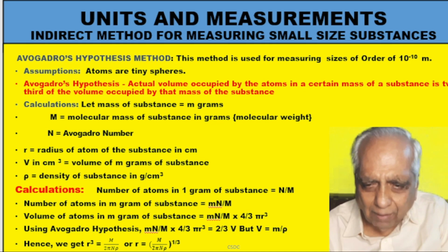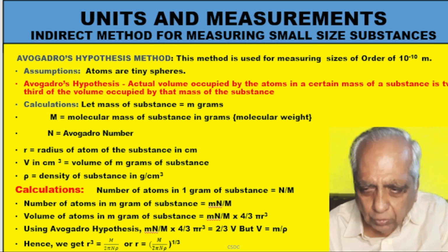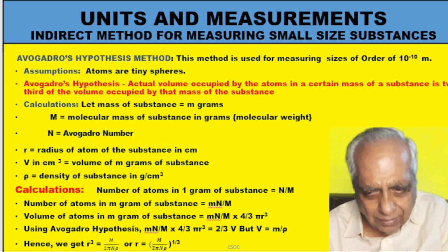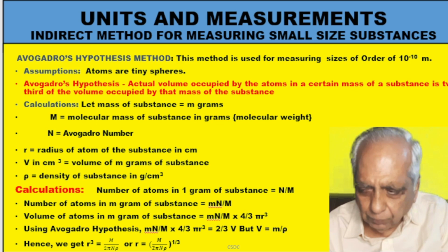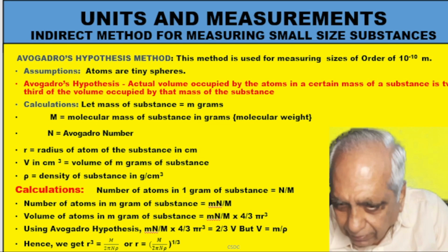So that gap is the remaining 1/3. So the hypothesis says that 2/3 is the volume occupied by the atoms of that substance. Using this hypothesis we will first calculate theoretically, and then we will also do one experiment to find the size of the molecule. So first let us do the theory.